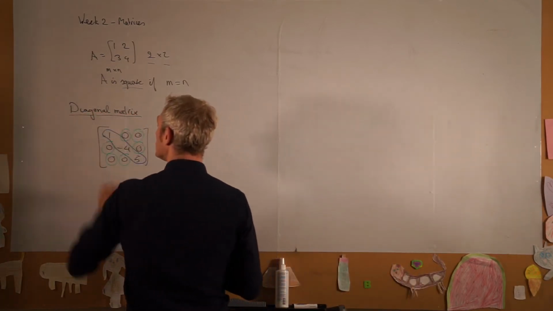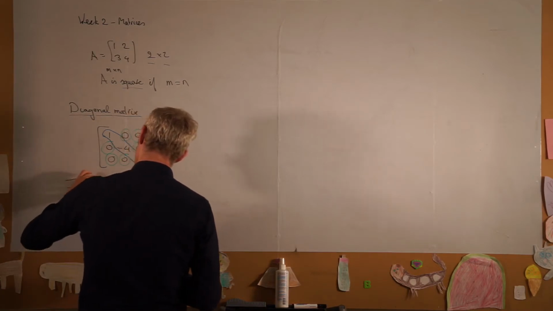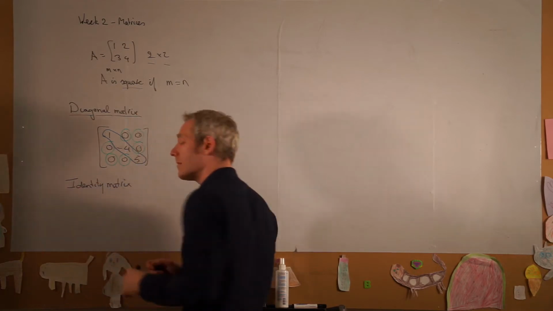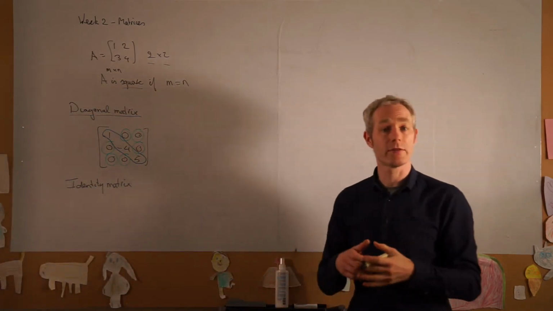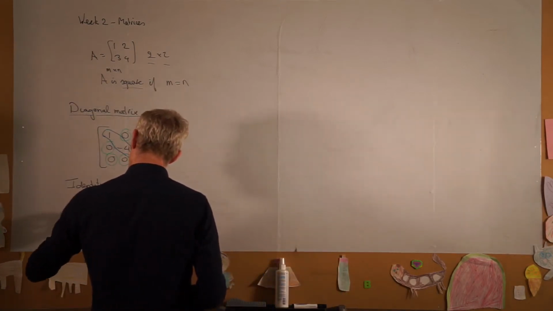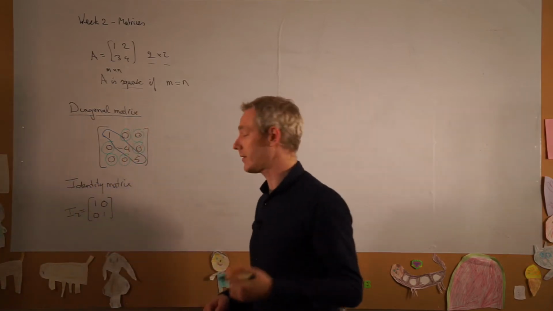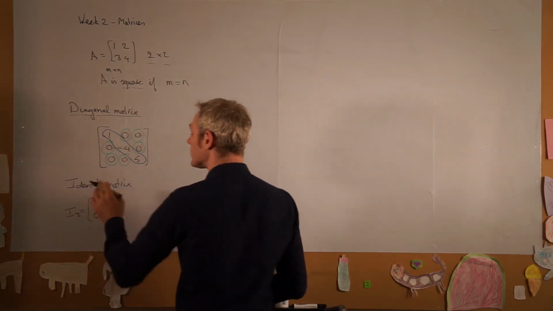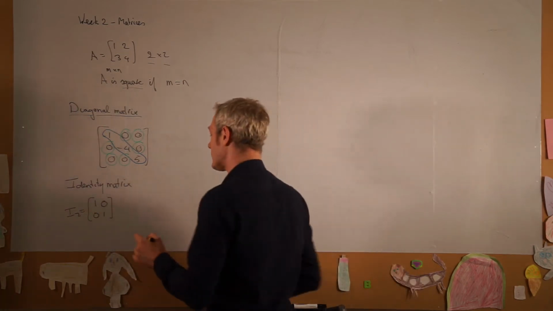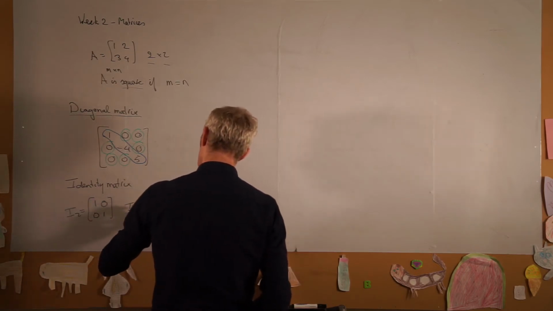A special kind of diagonal matrix is the identity matrix. And the identity matrix, just like any square matrix, comes in different sizes. You can have this one. It is usually indicated with a capital letter I with a number describing the size. So this is a 2 by 2 matrix. That's where the 2 comes from. I3 is 1 0 0, 0 1 0, 0 0 1.